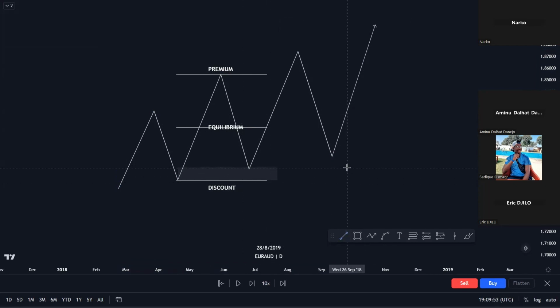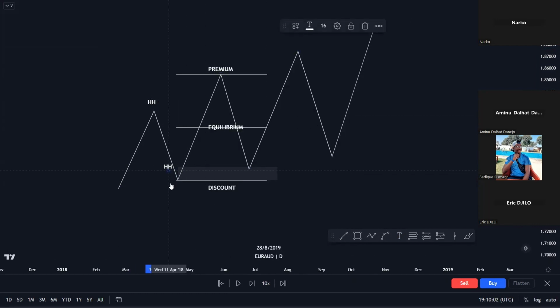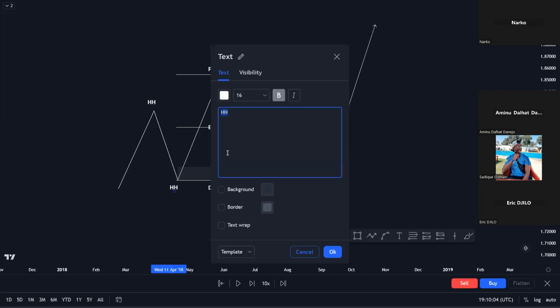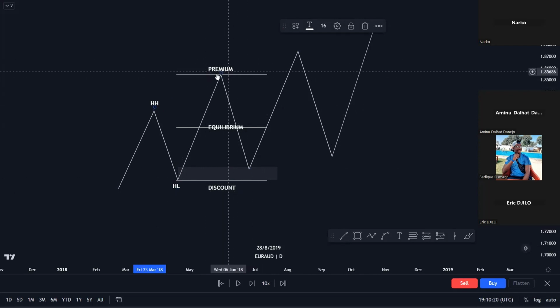as I explained in the previous chapter, that in a bullish trend we have our higher highs and our higher lows. So now we're looking for our higher lows to be respected, and when our higher low is respected, we're looking to violate our previous higher high.